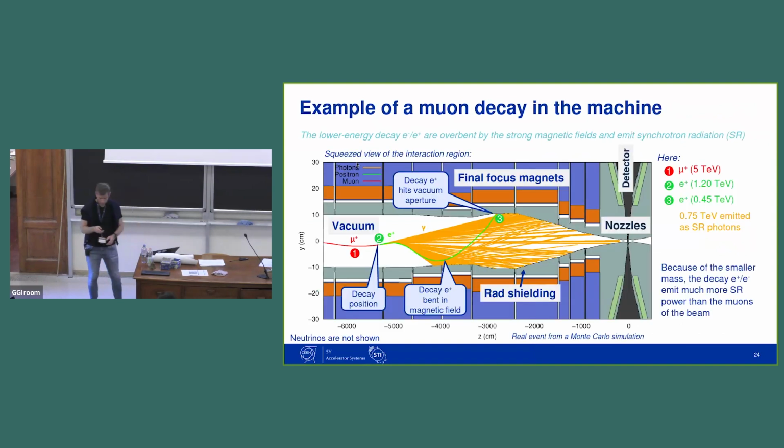Maybe I can show this plot here. There are two effects which come together. A large aperture means that particles of a given rigidity, like the electrons or positrons, can have a longer range until they impact on the aperture. If the aperture were more constrained, they would be lost earlier.